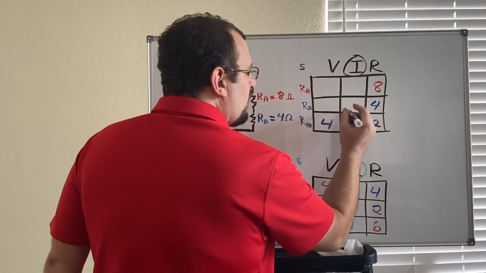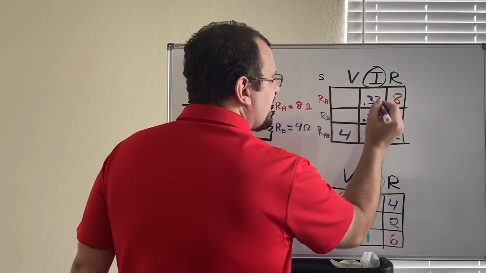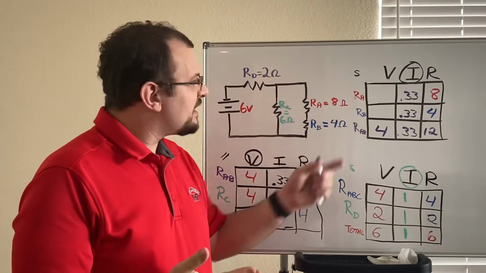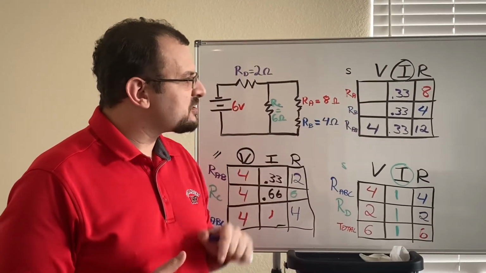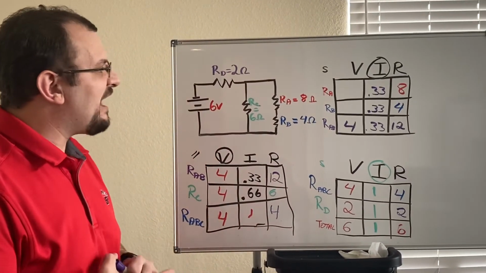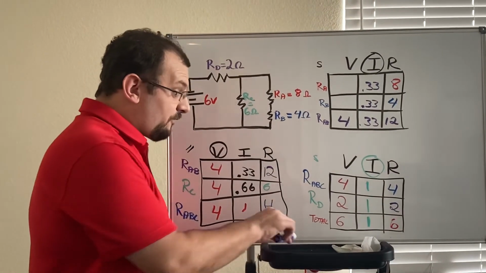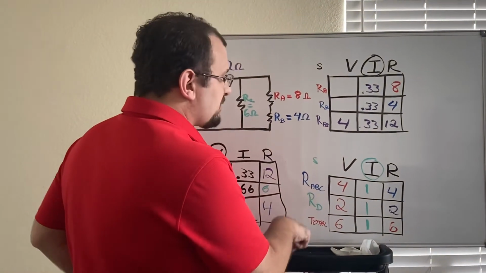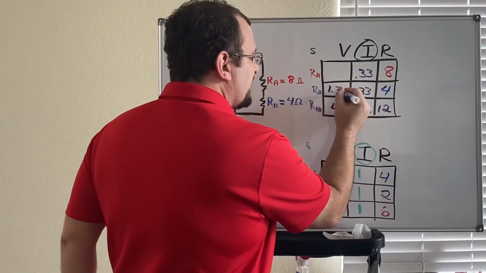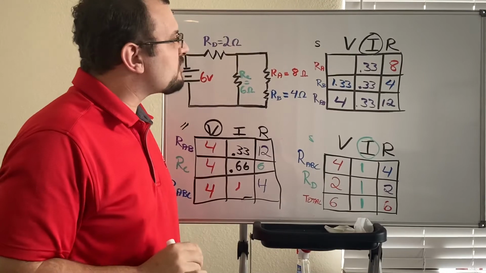So now I can go 0.33, 0.33, and now I can figure out what the voltage drops across those 2 resistors are. And now I'm going to have slightly less than ideal numbers, but for resistor B, that's going to then end up being 1.33 volts, 4 times 0.33.